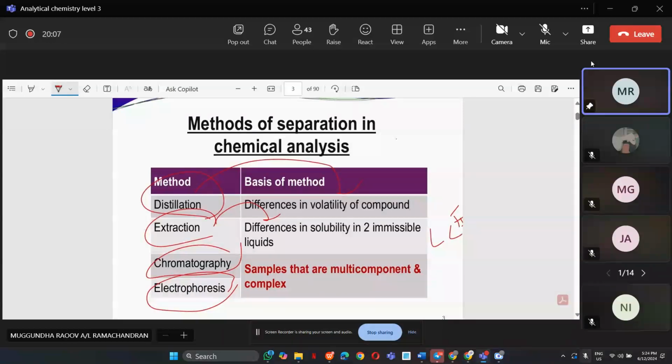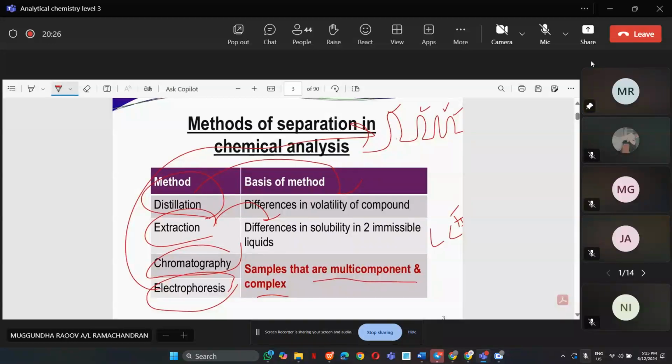When we are talking about chromatography and electrophoresis, these involve samples that are multi-component and complex. For example, in chromatography we are able to separate a few peaks in a mixture and quantify the concentration of each peak as well.